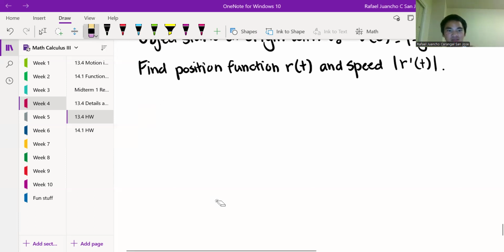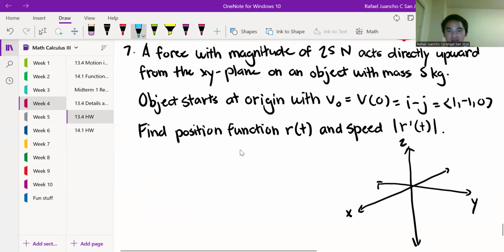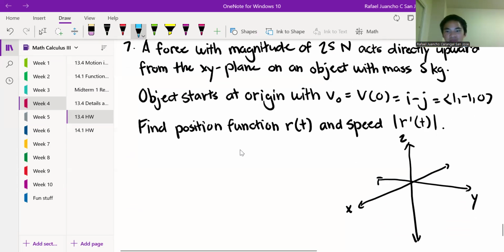So what we're saying is if we're given a 3D space where we have our x, y, and z axis, we're saying that this force vector has a magnitude of 25 N, and it acts directly upward from the xy plane, right?